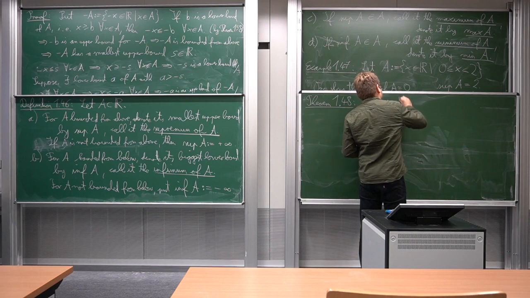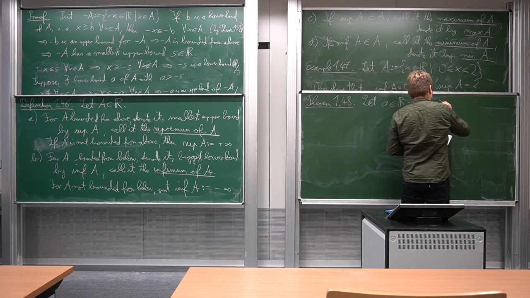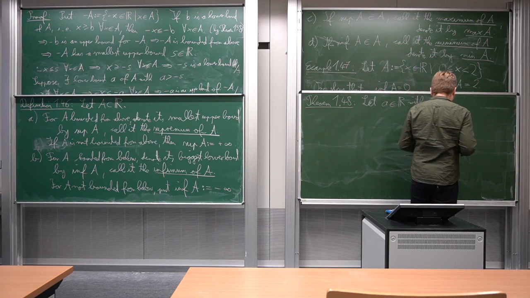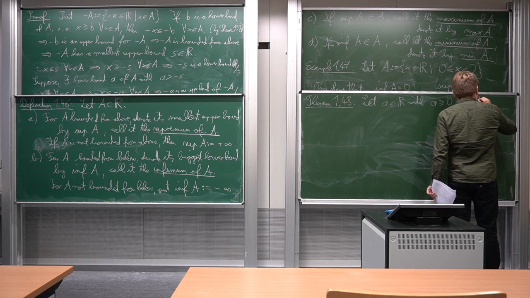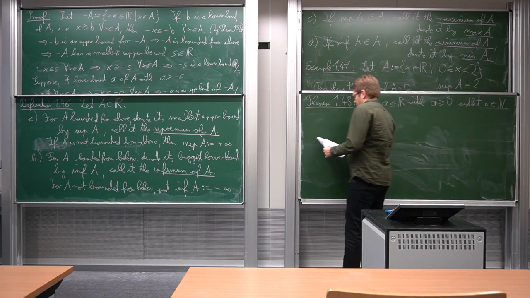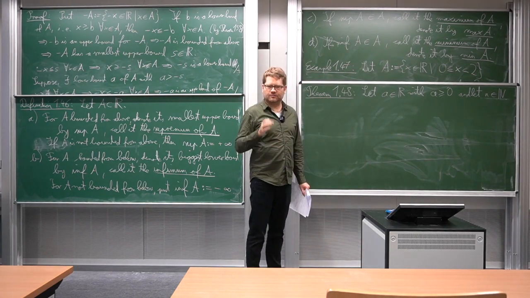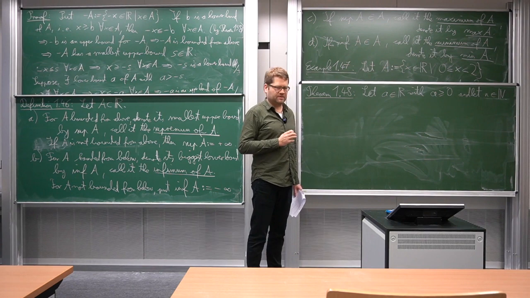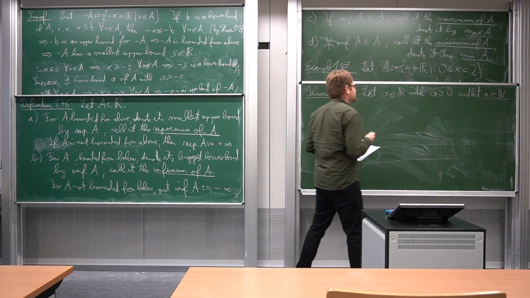Let A be a real number which is non-negative, in the sense of ordered fields here. So a non-negative real number, and let n in N. Before, we had this problem that some equations like x squared is equal to 2 have no solution in the rational numbers. And we want to show now that this is not the case in the real numbers, and especially the following holds.